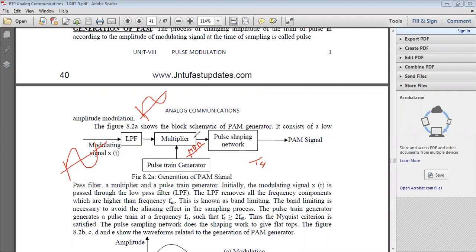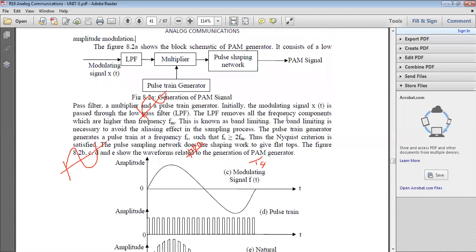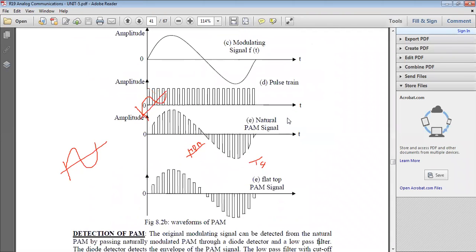At the multiplier stage, this signal is multiplied with this signal, and automatically it generates a pulse train whose amplitude varies in accordance with the amplitude of the message signal.